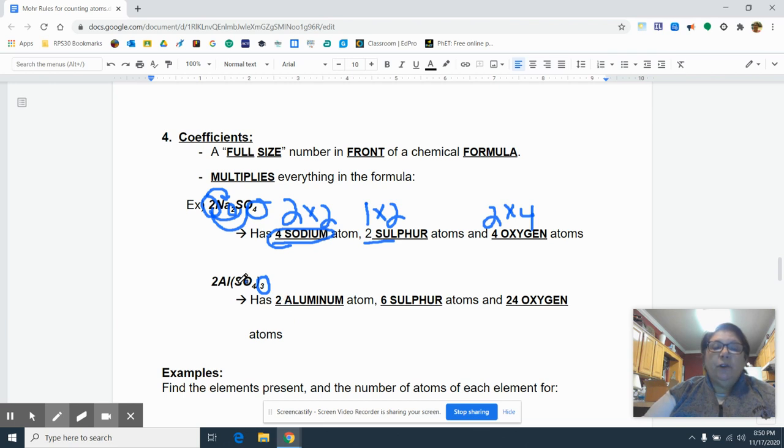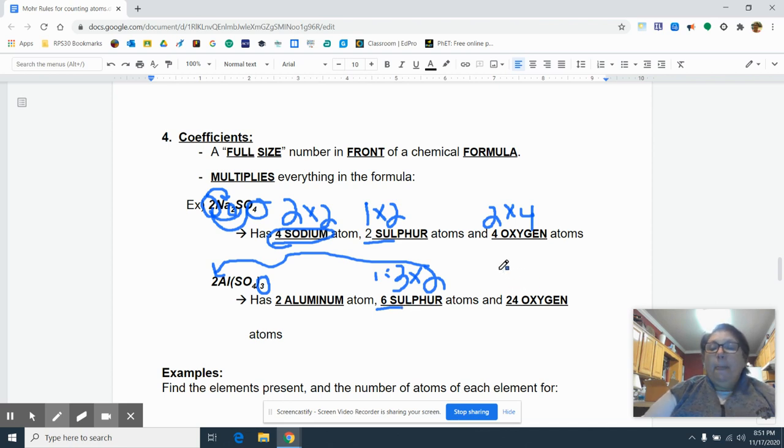You have 1 sulfur times 3. 1 times 3. Oh, that's pitiful. Times 2, which is the coefficient. Remember, this is your coefficient. So you get 6.